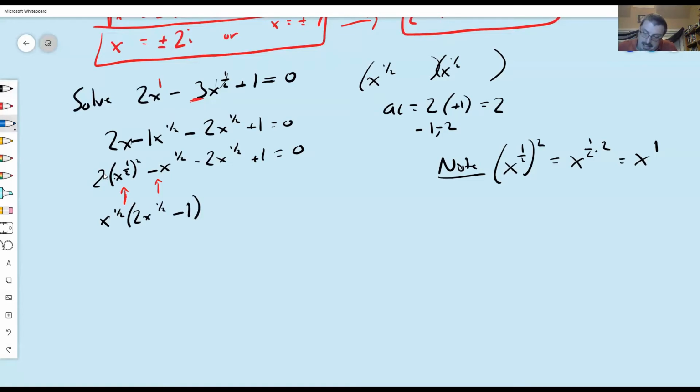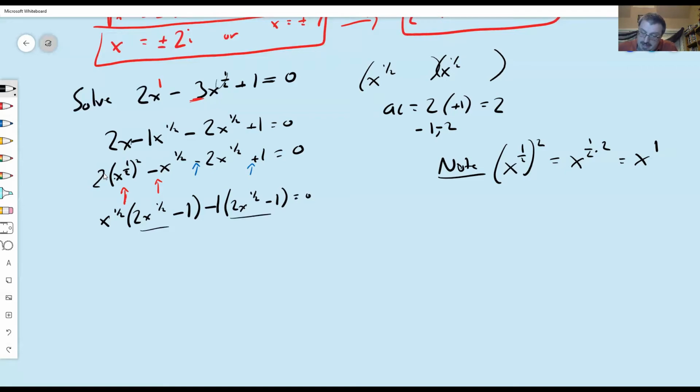And again, right here, if I leave with a minus, I'm going to have to factor out a minus. So taking out a minus, I want 2x to the 1/2 minus 1. So I have 2x to the 1/2 and a plus 1. So I just take out a minus. So it's literally minus 1 times 2x to the 1/2 minus 1 equals 0.